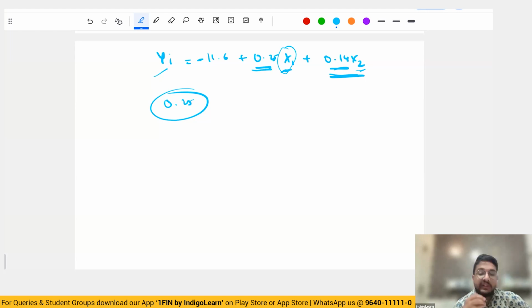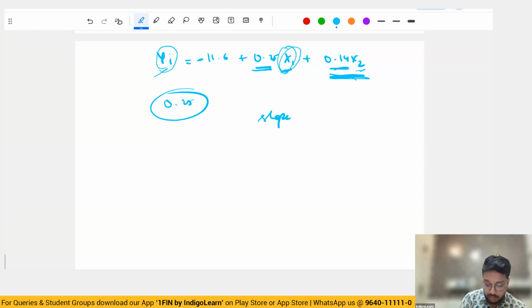The 0.25 indicates the change in y when x1 is changed by 1 unit, holding x2 as always constant.